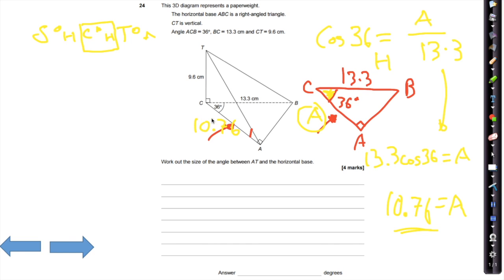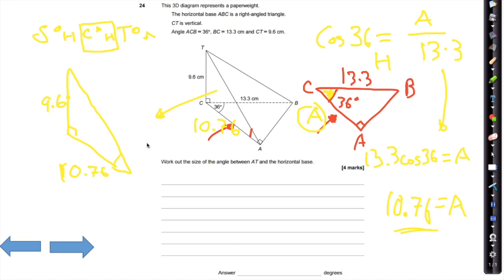Now we've got that, we can work out what this angle is. If I was to draw the triangle CTA, I'm trying to draw it in the same manner at which it is drawn here. This is 10.76, it's a right angle triangle, and this length here is 9.6.